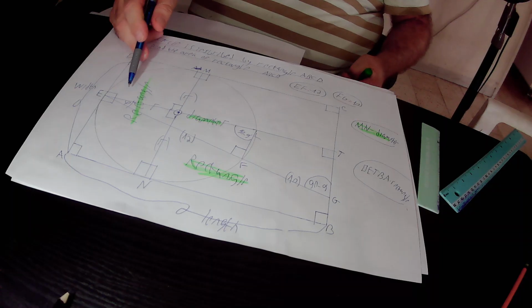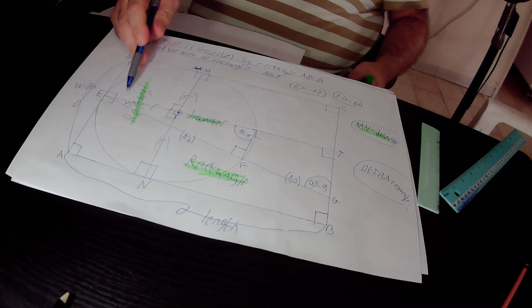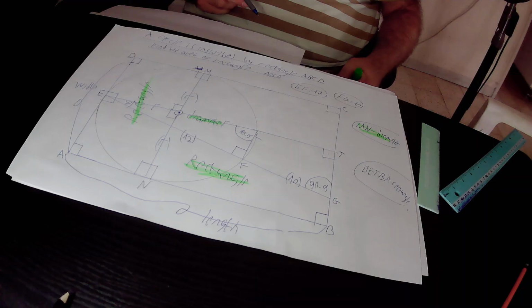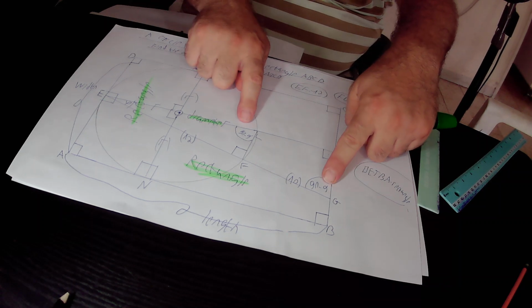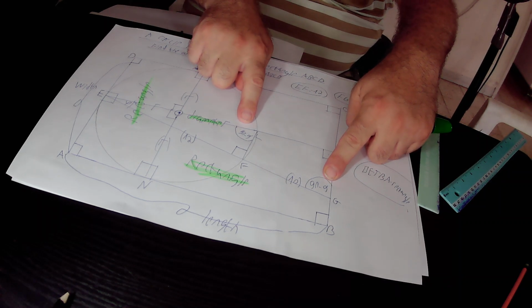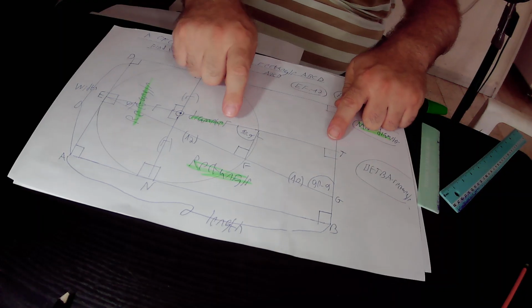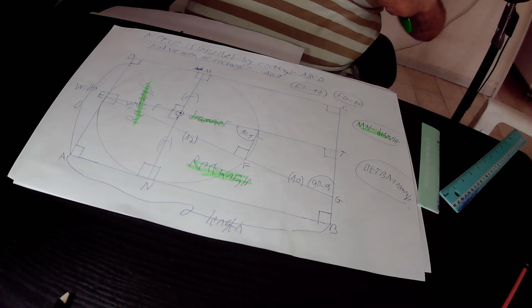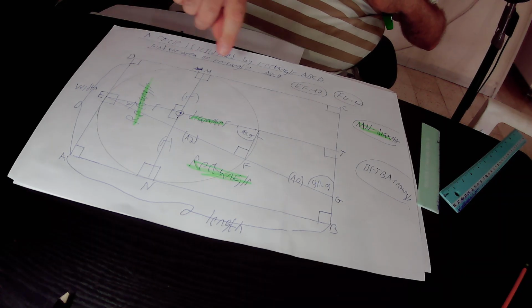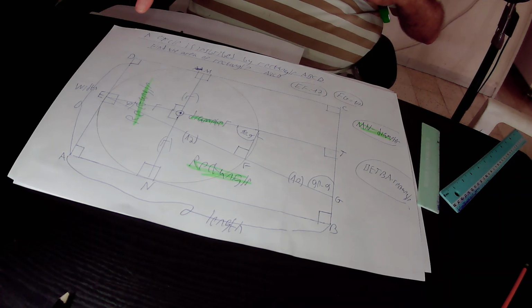This is angle E, a common angle that belongs to both triangles. In addition, those two angles are both equal to 90 degrees minus alpha, therefore they are equal to each other. And finally, those both angles are equal to 90 degrees and therefore equal to each other. So we can find that all the three angles in the big right triangle ETG are correspondingly equal to all the three angles of the small right triangle ELF.